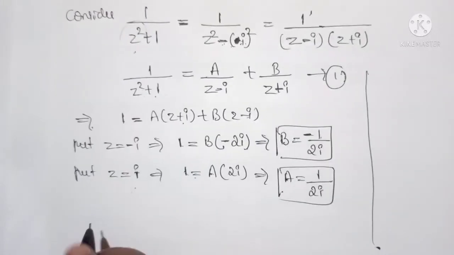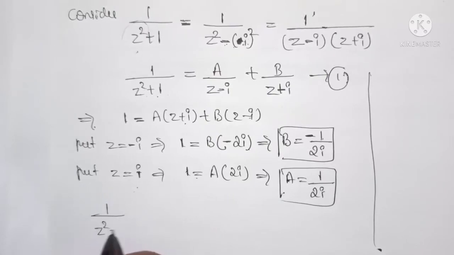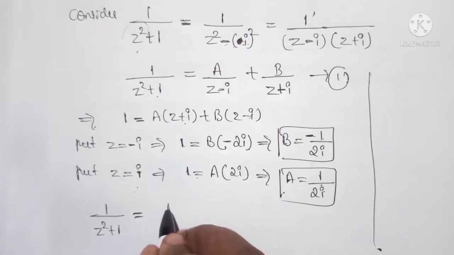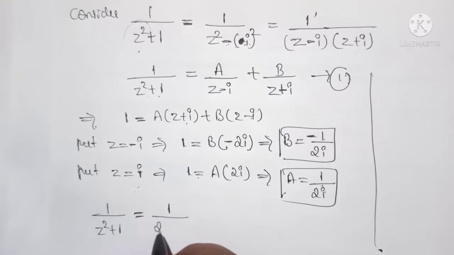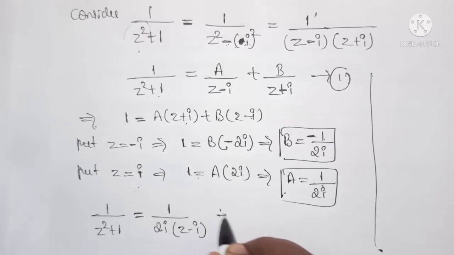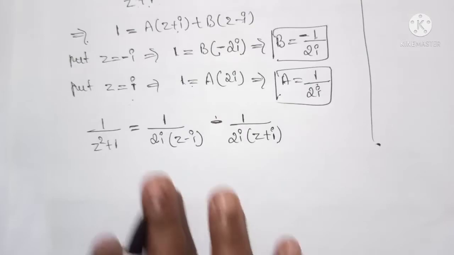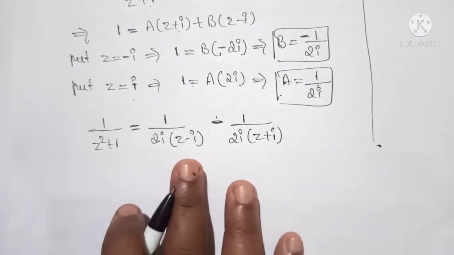We get 1 divided by z square plus 1 can be written as 1 divided by 2i (z minus i) plus minus 1 divided by 2i (z plus i). So here we have resolved into partial fractions.